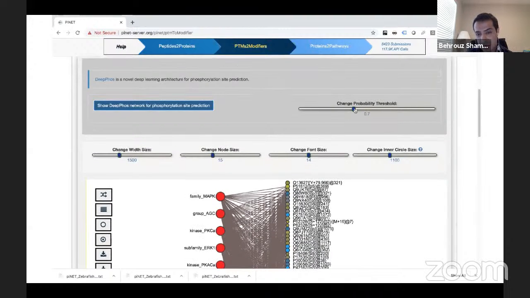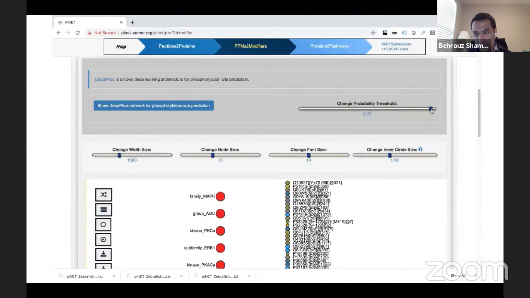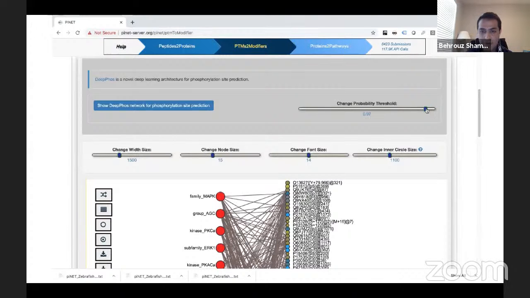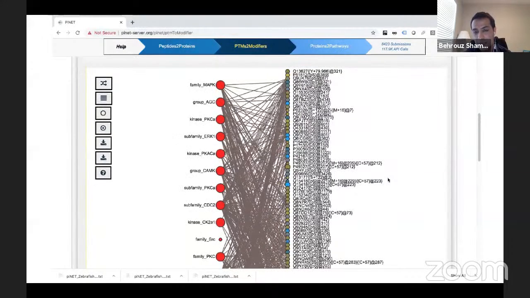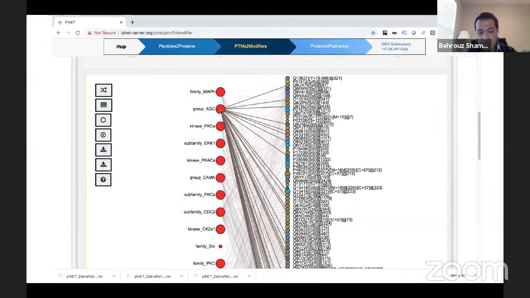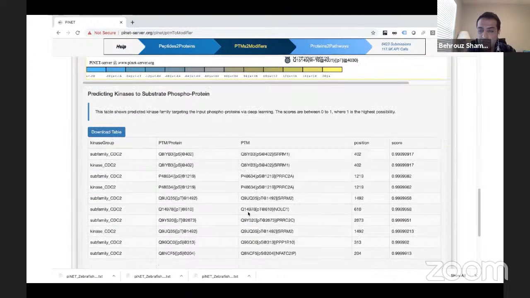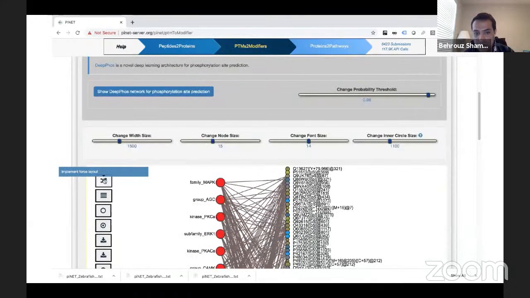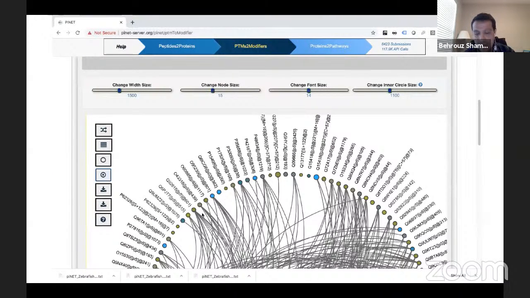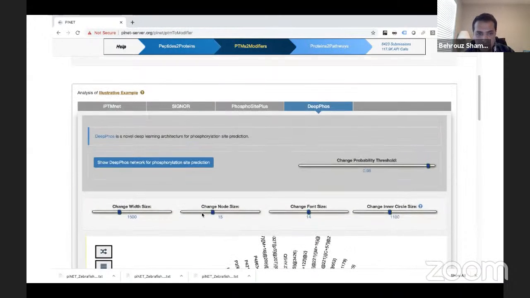And this is not only for phosphorylation analysis, we have different modifications here. Another tab is about DeepPhos, which is deep learning phosphorylation kinase-phosphosite correlation, where you can select this score to make sure that we have a high probability that one kinase is phosphorylating one peptide.